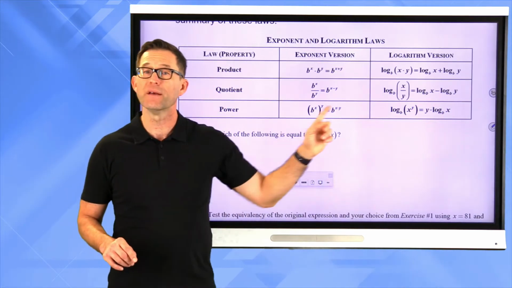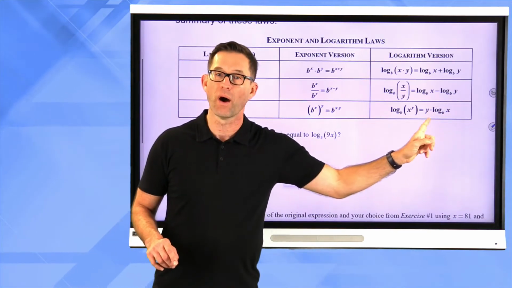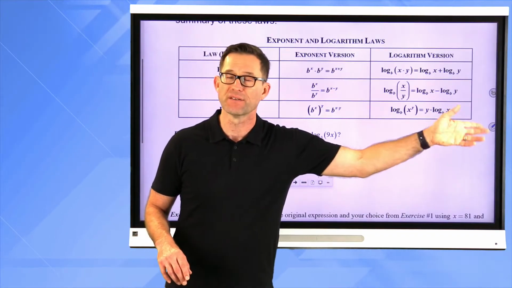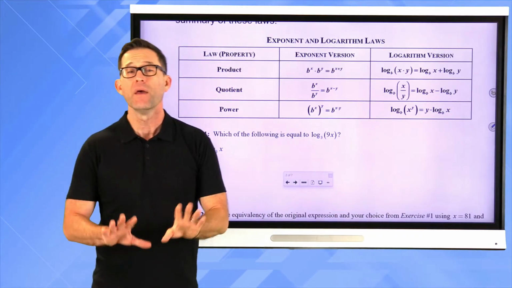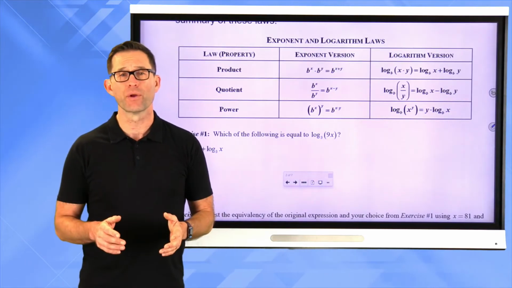And that really is, because logarithms give us powers, the product of 2 powers. y is a power, an exponent, and so is the log base b of x. It's also a power.